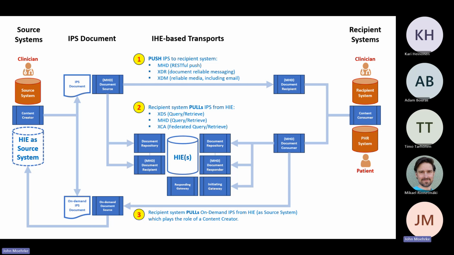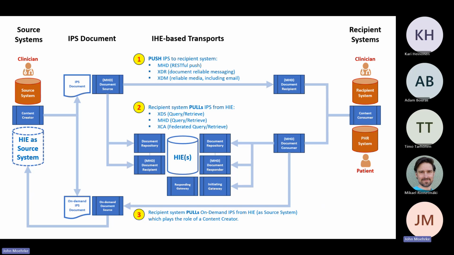And then in the far left, the bottom number 3 there, we're reminding the reader that IPS is a summary document, and therefore the on-demand flavoring of document sharing is really useful, because I can say, hey, I could create you an IPS that's going to be fresh, versus one that I stored here 2 years ago.